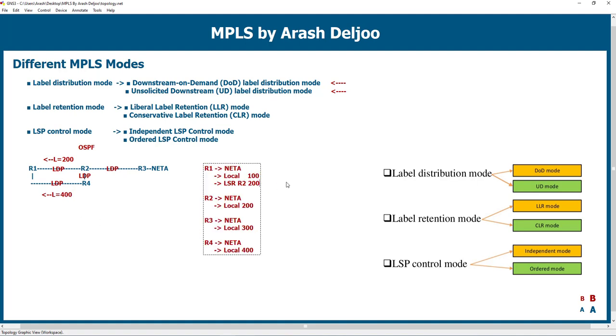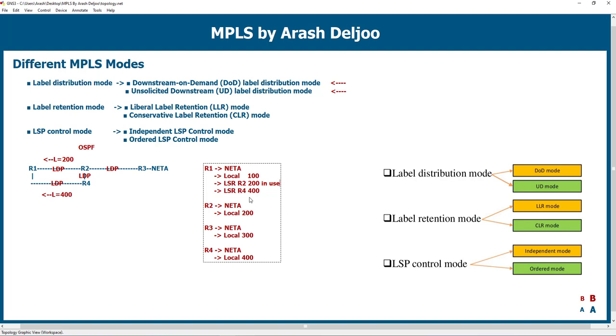And R1 now has many remote labels for a network. Maybe it uses only one of these labels, for example the label received from the next hop, 200. But it receives labels from every peer.